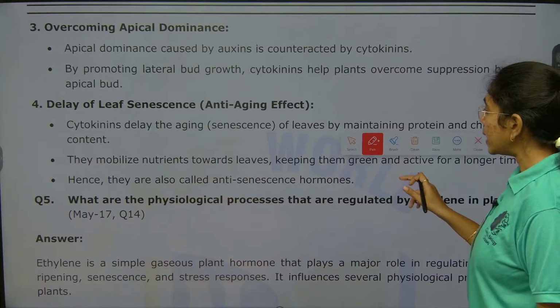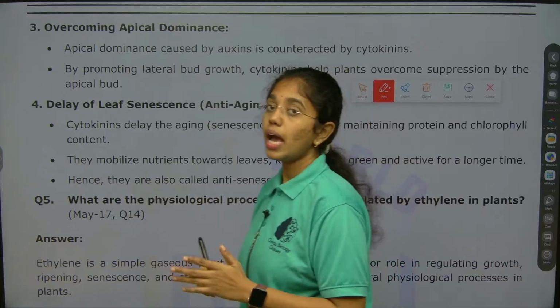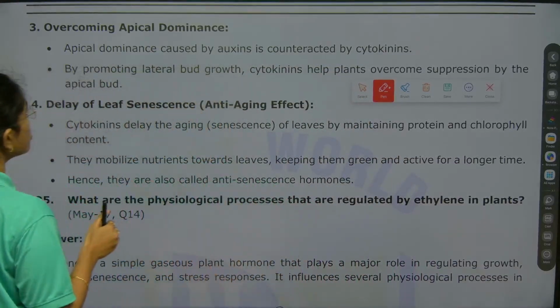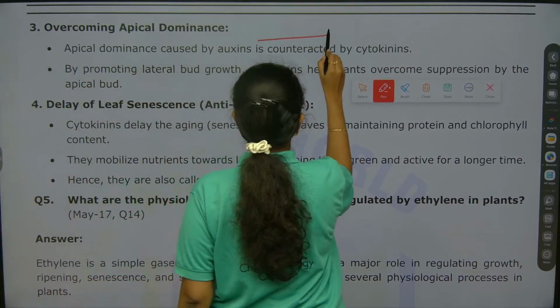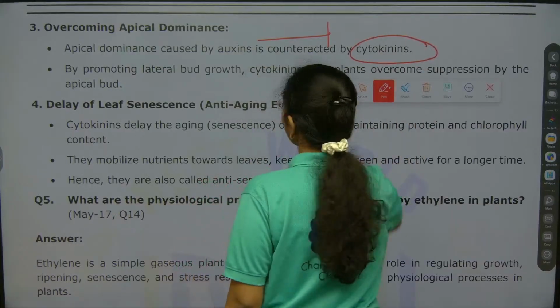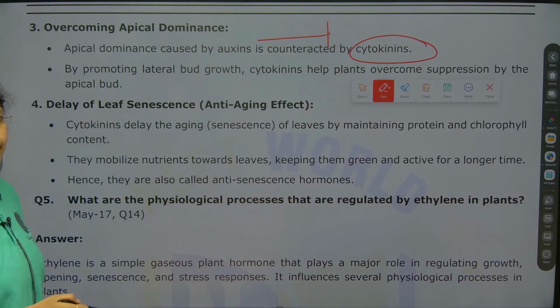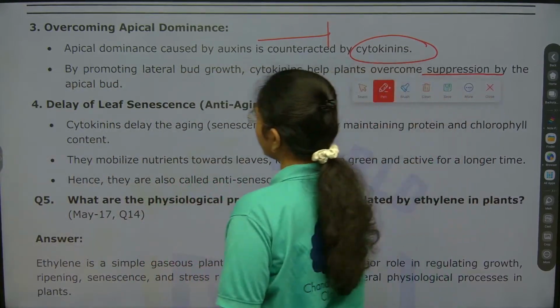By increasing the cytokinin concentration, apical dominance is prevented and this will promote the growth of what? Lateral buds. Apical dominance, which is caused by auxins, is counteracted by cytokinins, and by promoting lateral bud growth, cytokinins will help plants to overcome suppression by what?